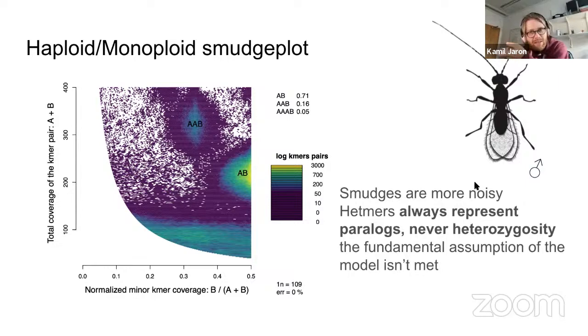And because the signal of paralogs is much, much weaker than the signal of heterozygous sites, you see a lot more of the background noise. You see lots of k-mer pairs that are not represented at all. Those are all the white spots. And you see all this sea of noise down here, which are just pairings of all sorts of strange sequencing errors with genomic k-mers.